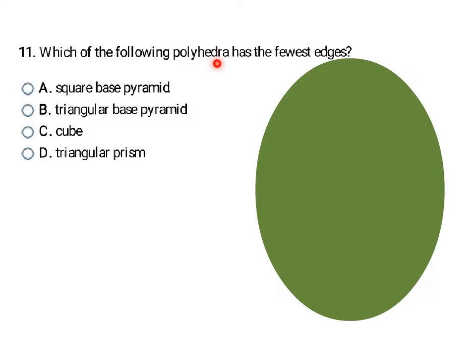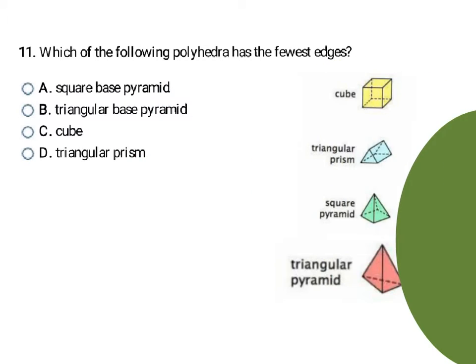Which of the following polyhedra, which is another name for 3D objects, has the fewest edges, so the fewest seams or sides? And so I just need to be able to pull from memory what each of these means.